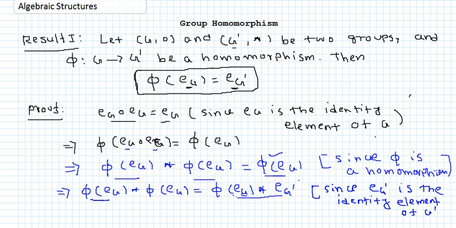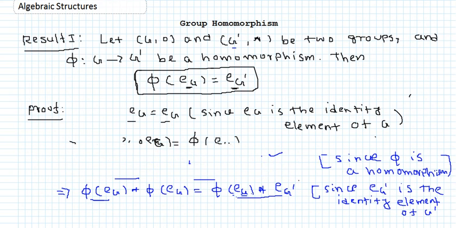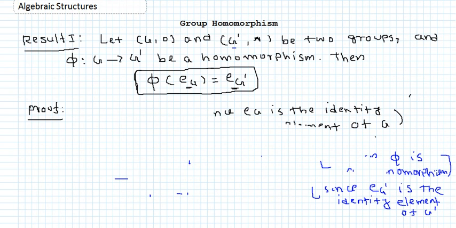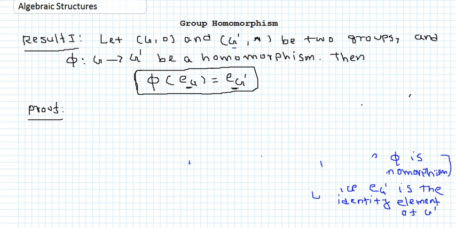So let me erase this part and write this line in the upper part, since we don't have much space. So what we get is phi of EG star phi of EG equals phi of EG star EG dash.